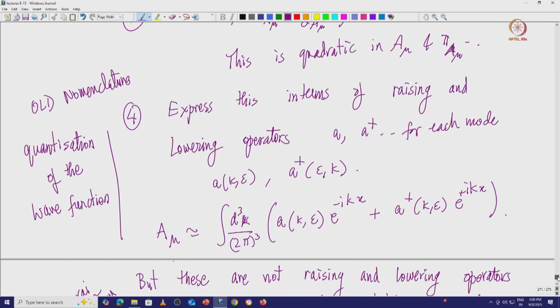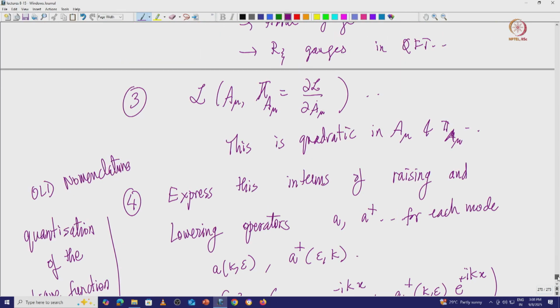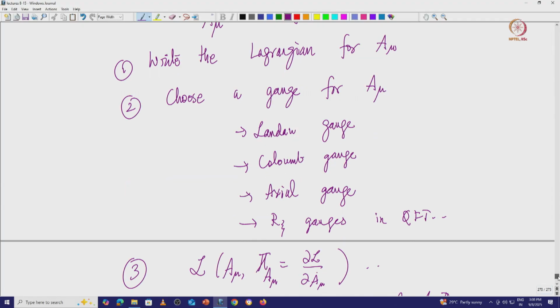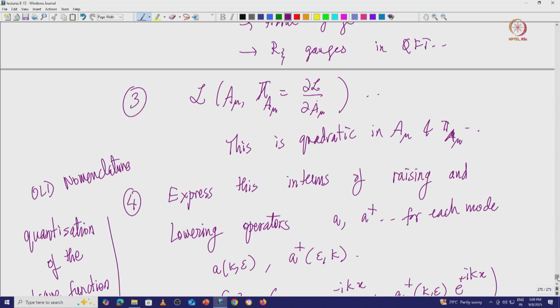The way we proceed is that of the many choices of gauges you choose, you see that it is quadratic in A mu and pi A mu. Express this in terms of raising and lowering operators, in terms of A mu and pi A mu, the conjugate momenta.